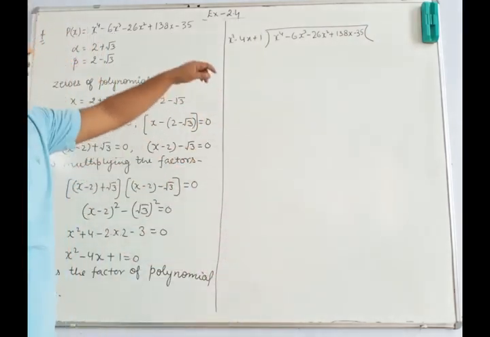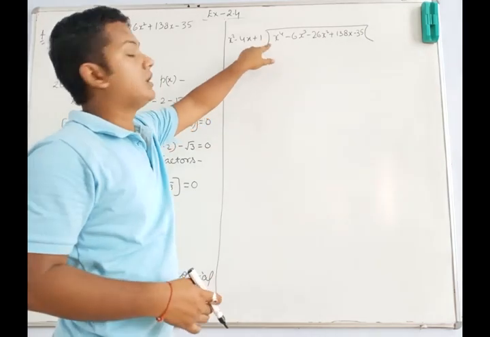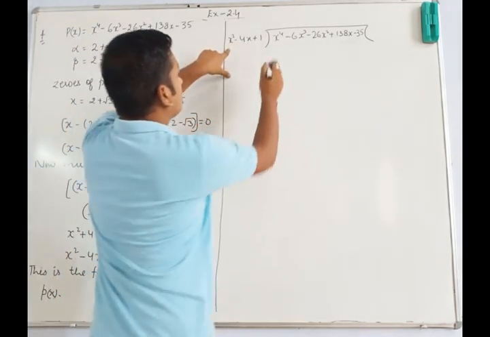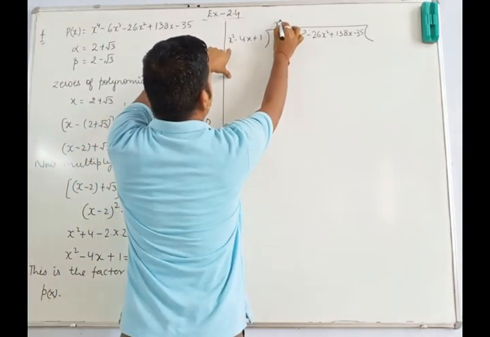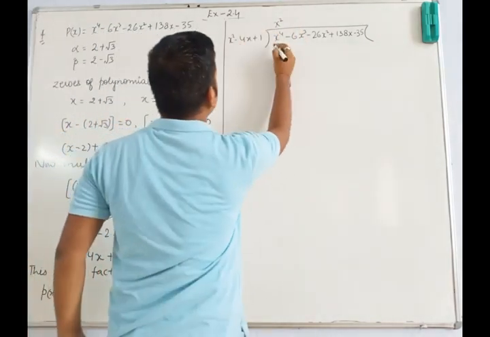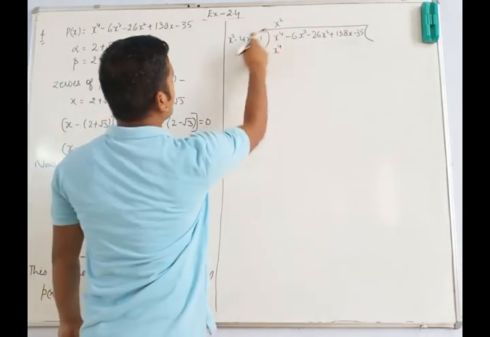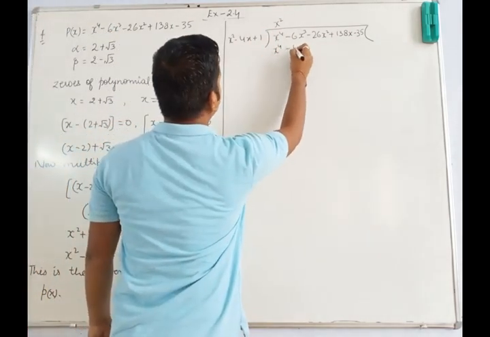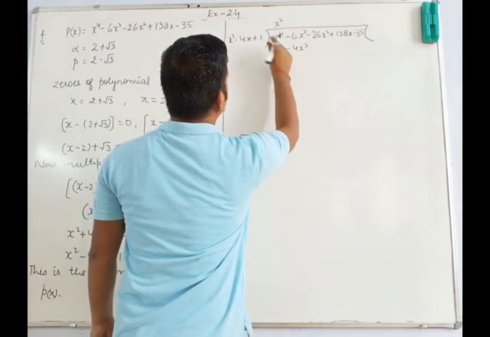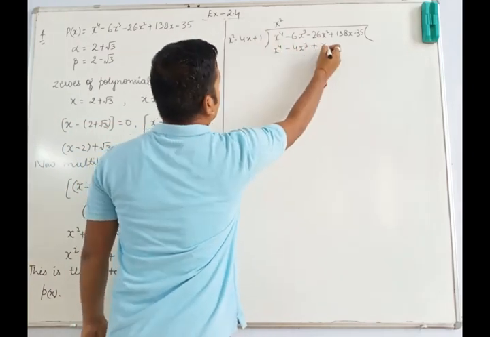Okay, now we will be eliminating as we had done in the previous questions. At first we have to eliminate this x⁴, so we will be multiplying it with x². So x² into x² will give you x⁴. Now x² and −4x will give you −4x³, and x² times 1 will give you x².